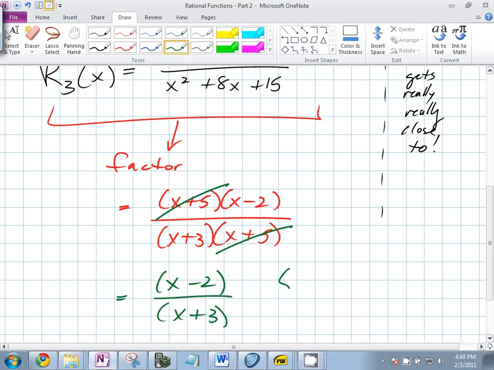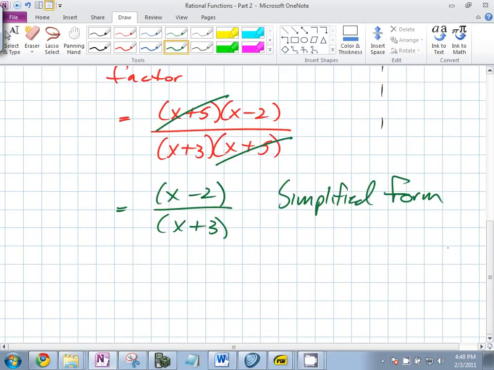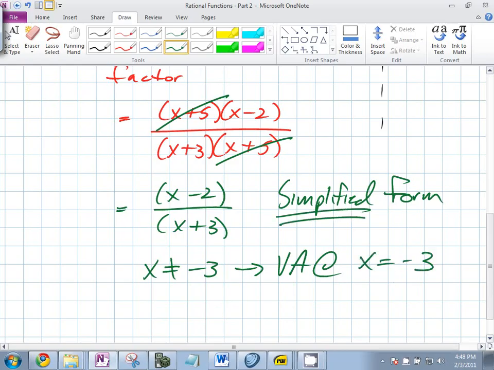In most simplified form, you can't go any further with this. Look at the domain of the simplified form. The domain of the simplified form, x cannot equal negative 3. That means there is a vertical asymptote at x equals negative 3. So after you simplify, look at the domain of the simplified function. Wherever the holes are, that's where the vertical asymptotes lie.